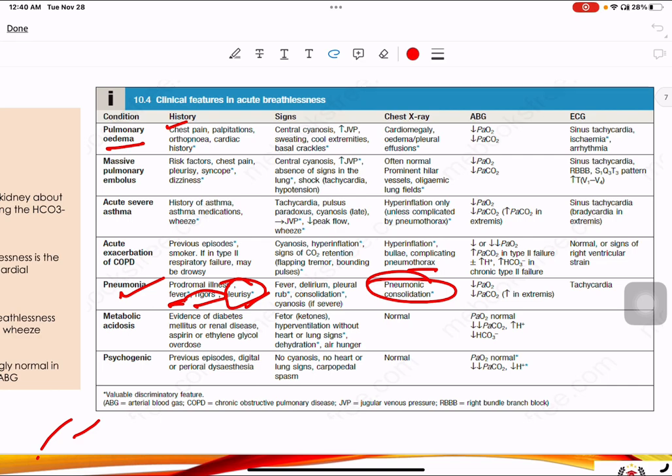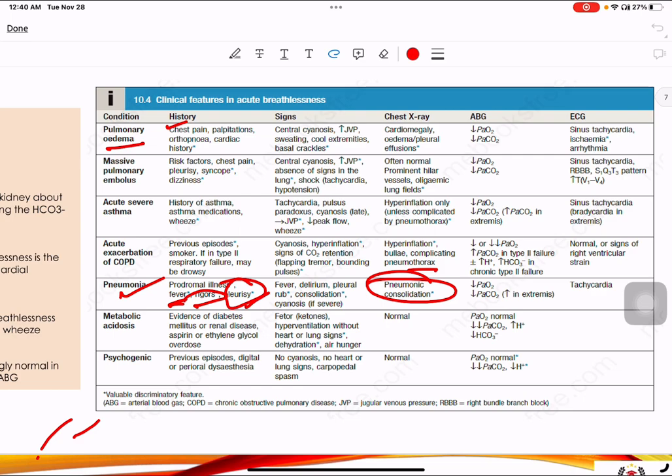The patient may have dehydration or air hunger. So the patient having air hunger, signs of dehydration or vomiting, ketone smell, and hyperventilation, but on lung auscultation the lung field is clear, chest X-ray is normal, and ABG has features of type 1 respiratory failure or is sometimes normal.